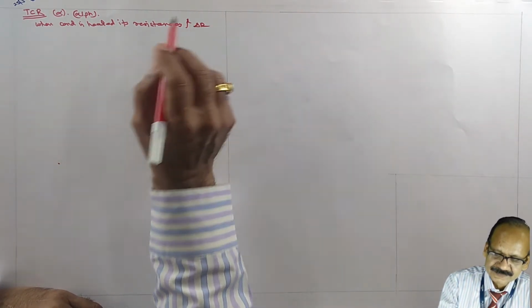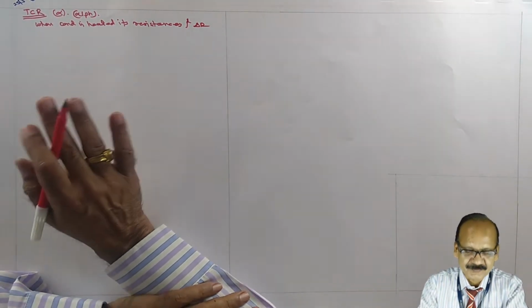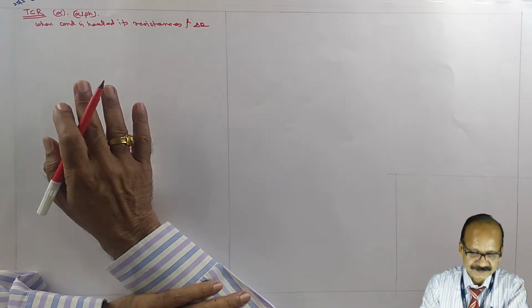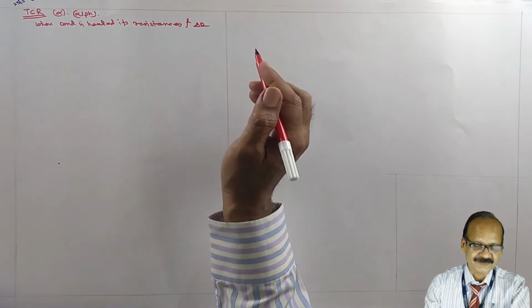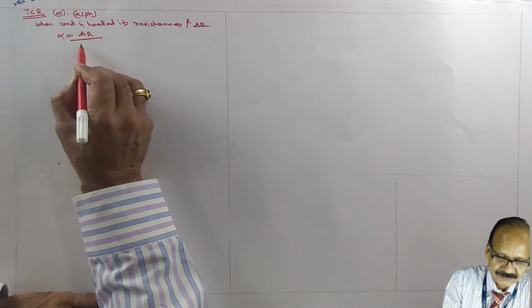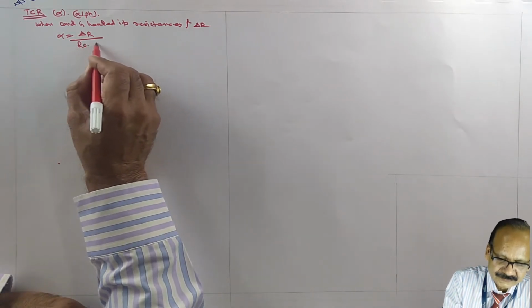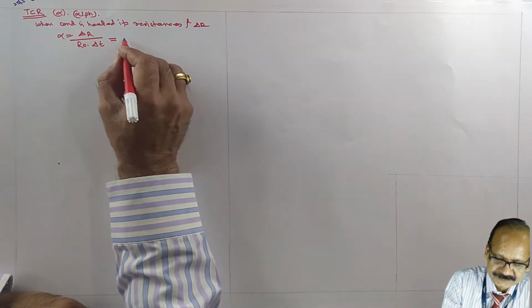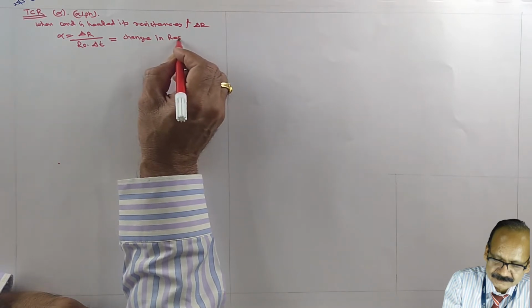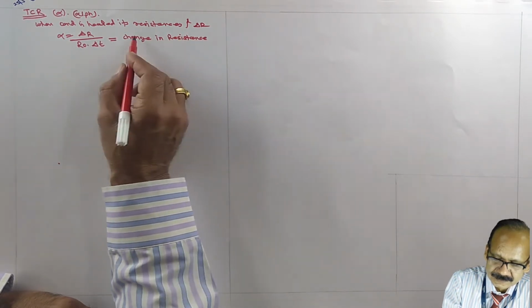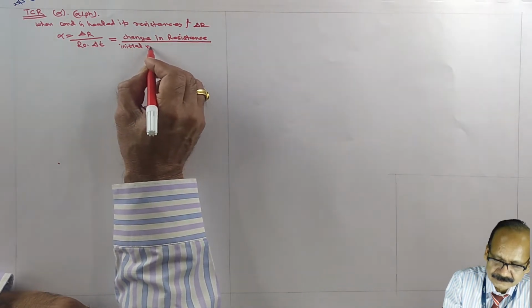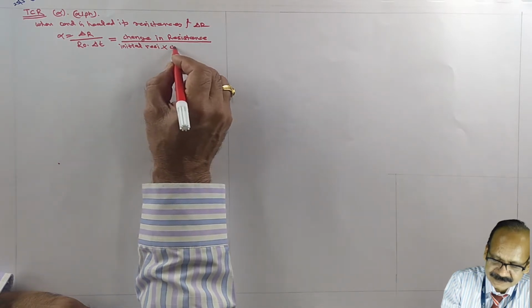The difference is delta R. This change in resistance is directly proportional to the initial resistance and directly proportional to the change in temperature. From that we have derived the expression for alpha: alpha equals delta R upon R0 into delta T, that is, change in resistance divided by initial resistance multiplied by change in temperature.